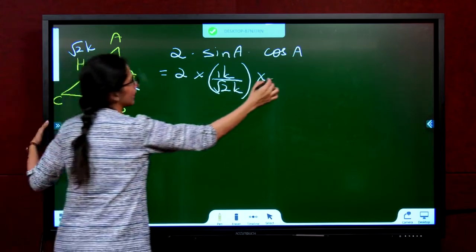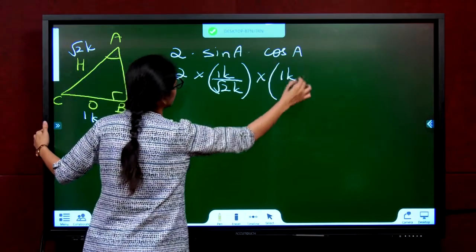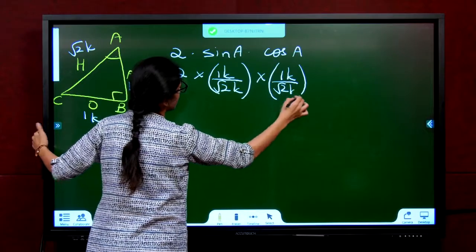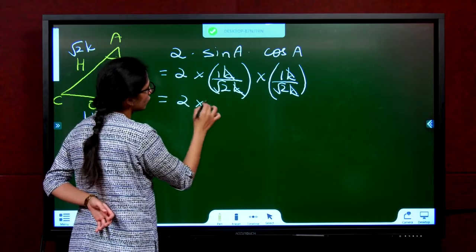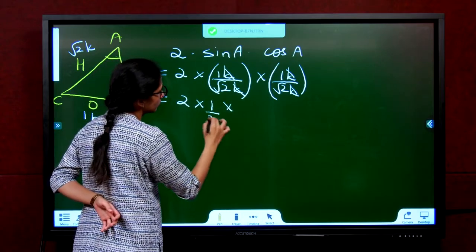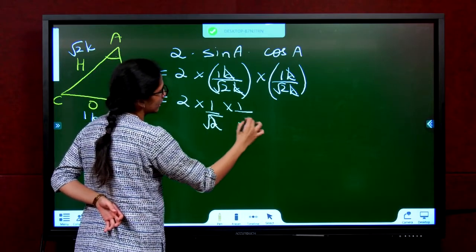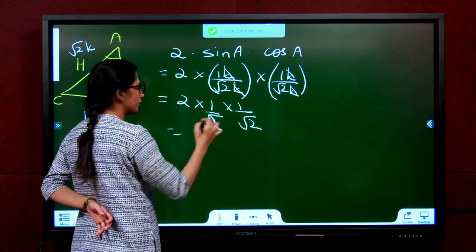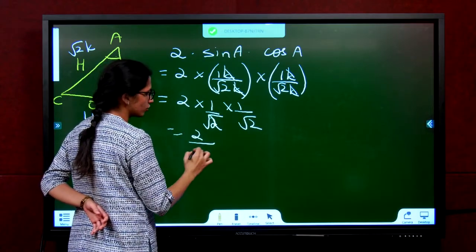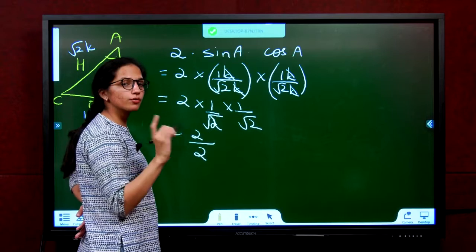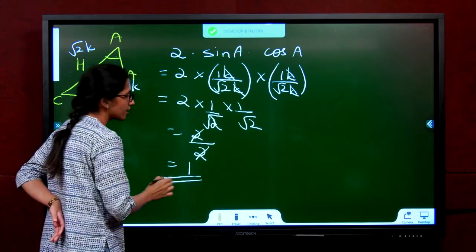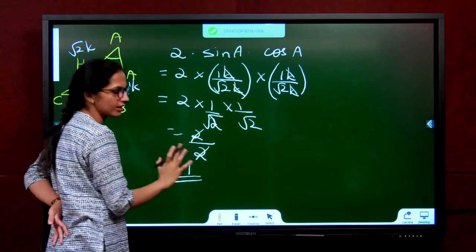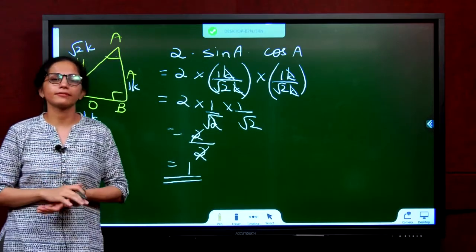Here, 1K. Who's the hypotenuse? Root 2K. K, K cancels, K, K cancels. 2 into 1 by root 2 into 1 by root 2. 2 into 1 into 1, 2. Root 2 into root 2, 2. Why? Root A into root A is A. 2 and 2 cancels, 1. Therefore, 2 sin A cos A is 1, hence verified.